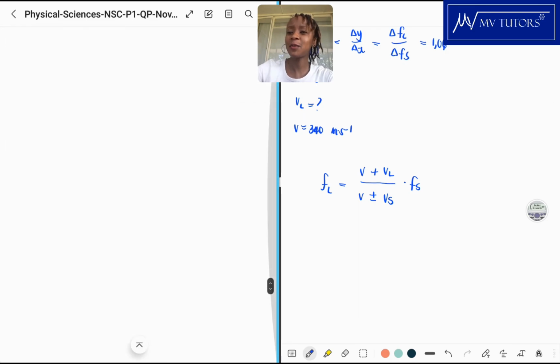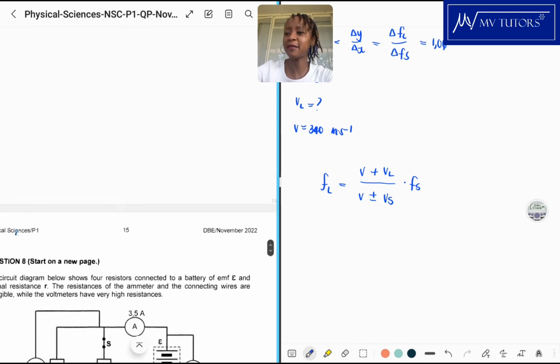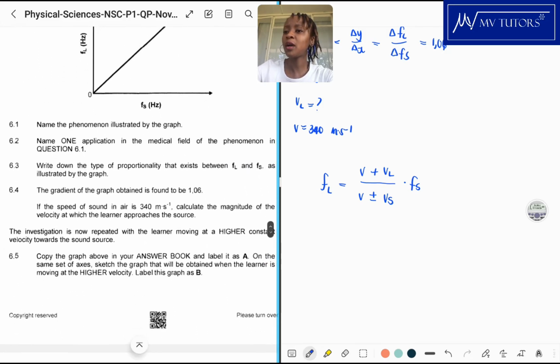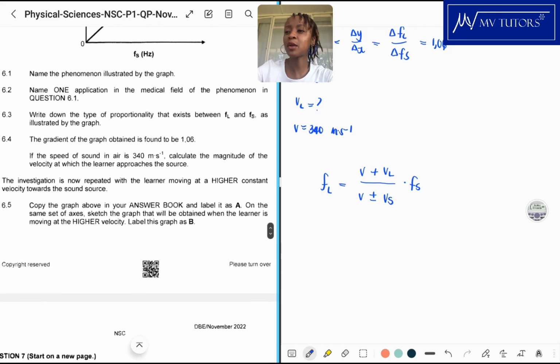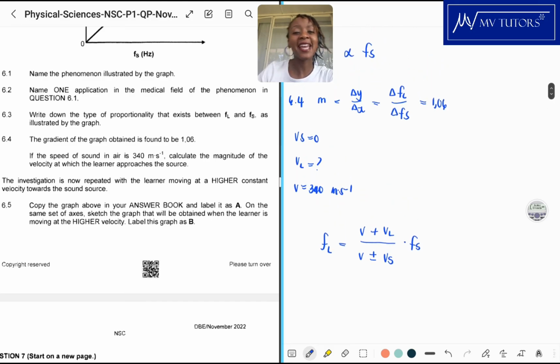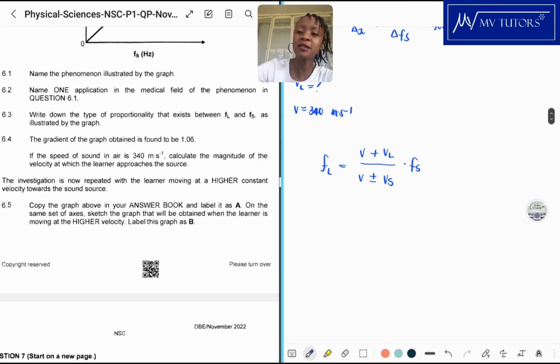All right, now let's go back and see what we have. Okay, question 6, there we are. We are looking for the magnitude of the velocity at which the listener approaches the source. Please be reminded that they gave us the gradient of the graph, so frequency of listener over frequency of source is equal to 1,06. So we can divide by the frequency of the source on both sides.